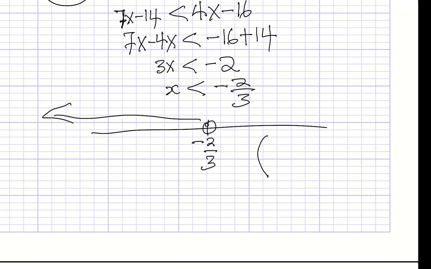If you have negative 2 over 3 on the right-hand side, and you don't include it, it's negative infinity right there. You see it, right? So you can have positive infinity or negative infinity. In this case, we'll have negative infinity because you go in the negative direction. You see it there, right?